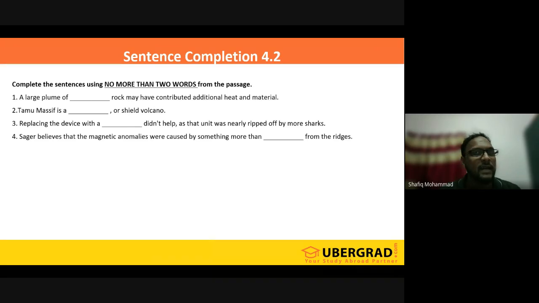Because last time, some people got it wrong even though the answer was correct, because for roses they kept R as capital. So keep everything as capitals. Otherwise, if it is in the middle of the sentence, for example, here "a large plume of the", H should not be capital if you're writing in small letters. You cannot write H capital and others small unless it is the start of the sentence.